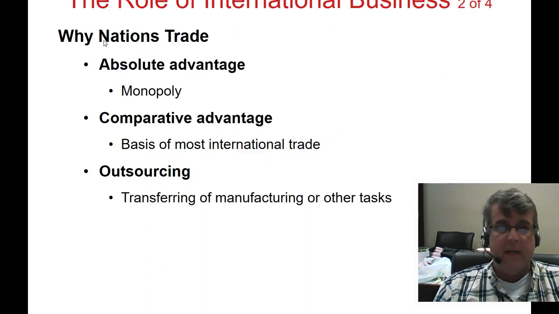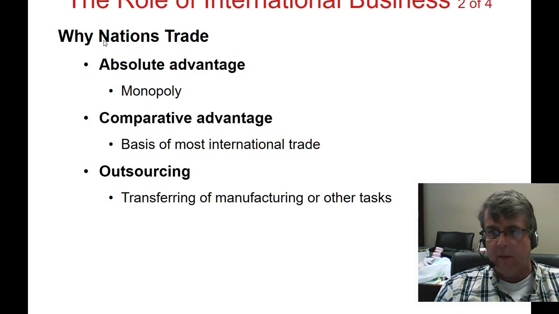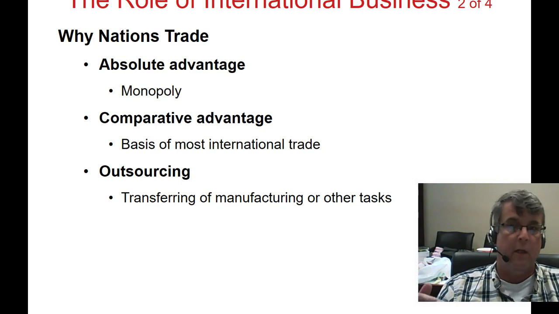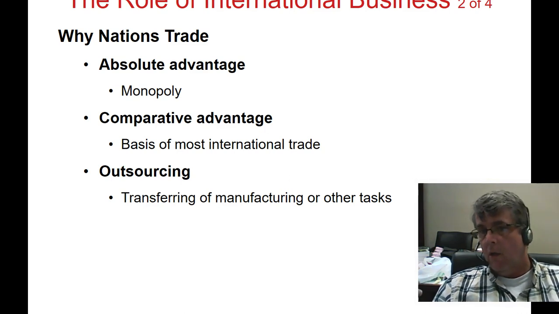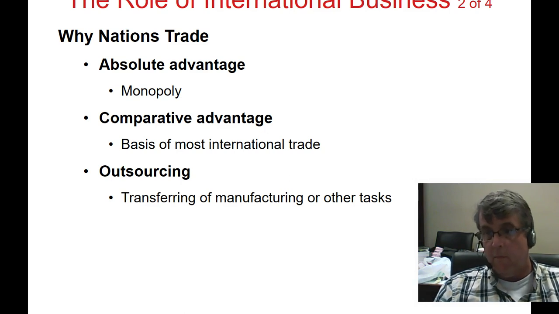Now, here, why do nations trade? The reason we trade is because trade makes both parties better off. The same reason you go down to the store, okay? Maybe you work at Walmart, and you're really good at putting things on the shelf. You stock the shelves. You're good at that and can generate quite a bit of money for yourself by doing something you're good at.